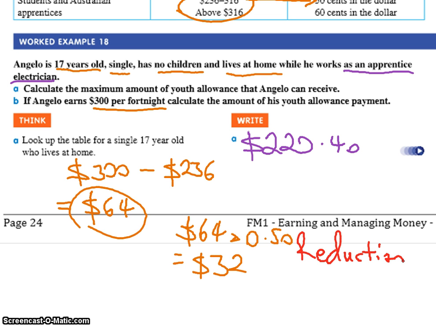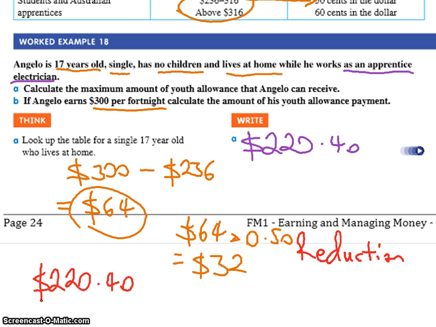What you lose is whatever you earn over the lowest income limit, so 236, he earns $64 more than that. So he loses 50% of that from his payment. So how much should he be getting? It's a $32 reduction.